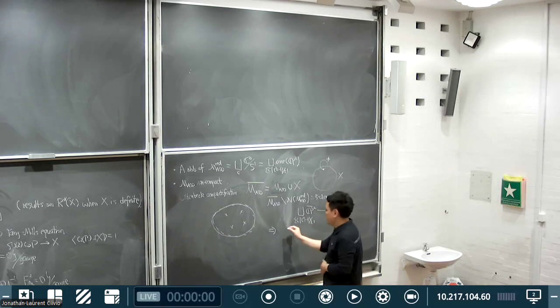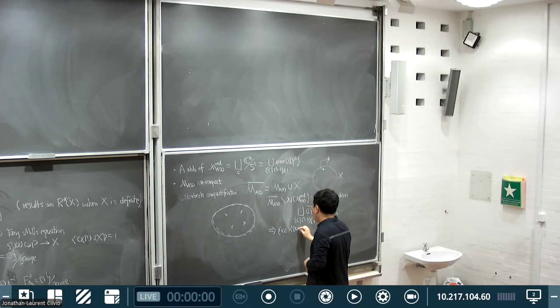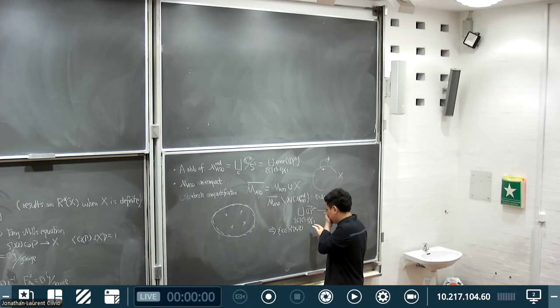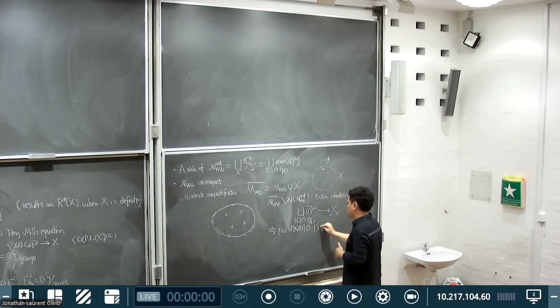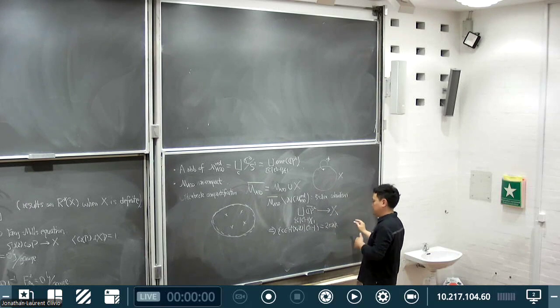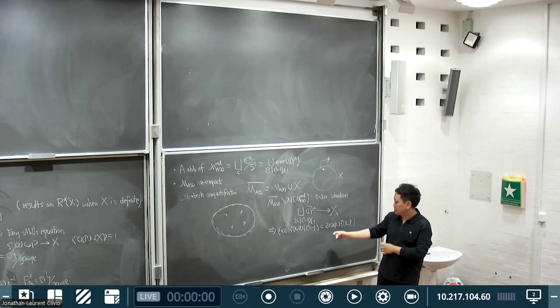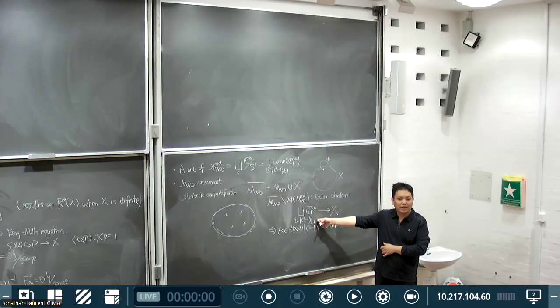Okay, so that means the number of elements with x squared equals -1 equals twice the rank of the form, because there's this twice here since we are just modding out by ±1.